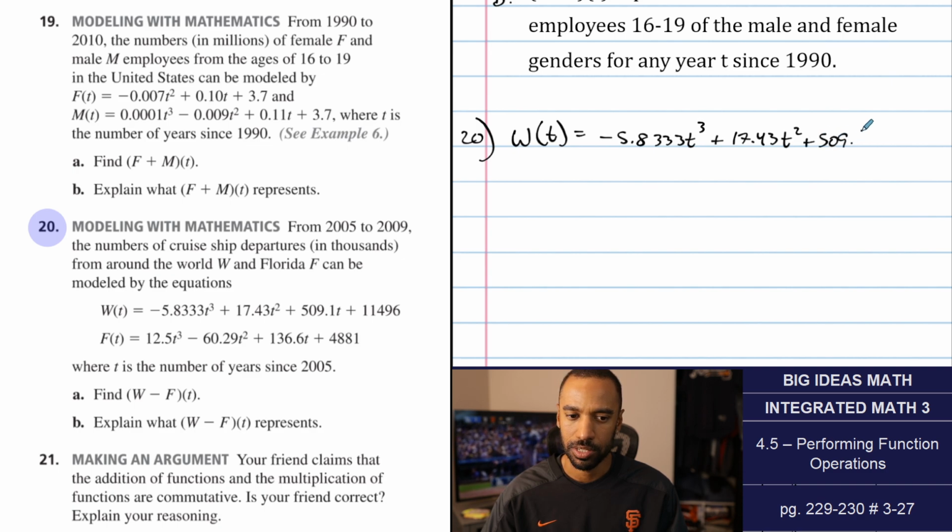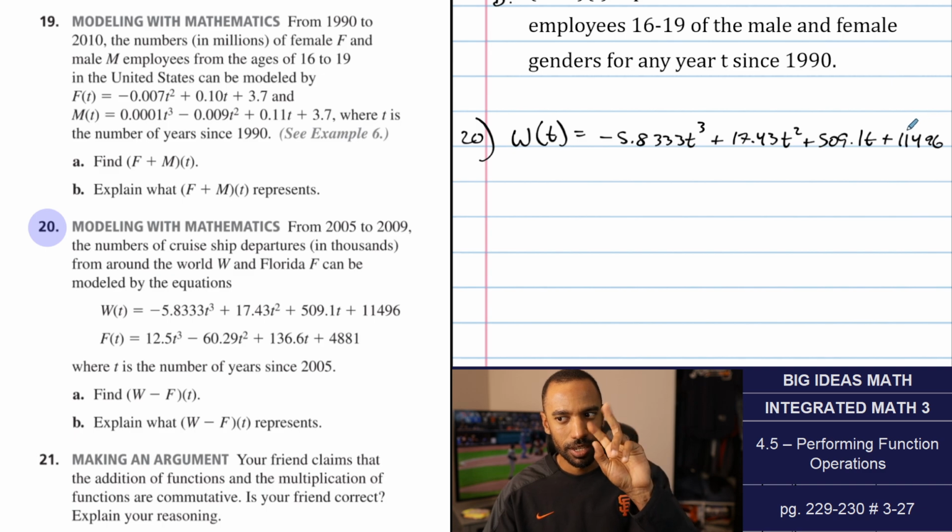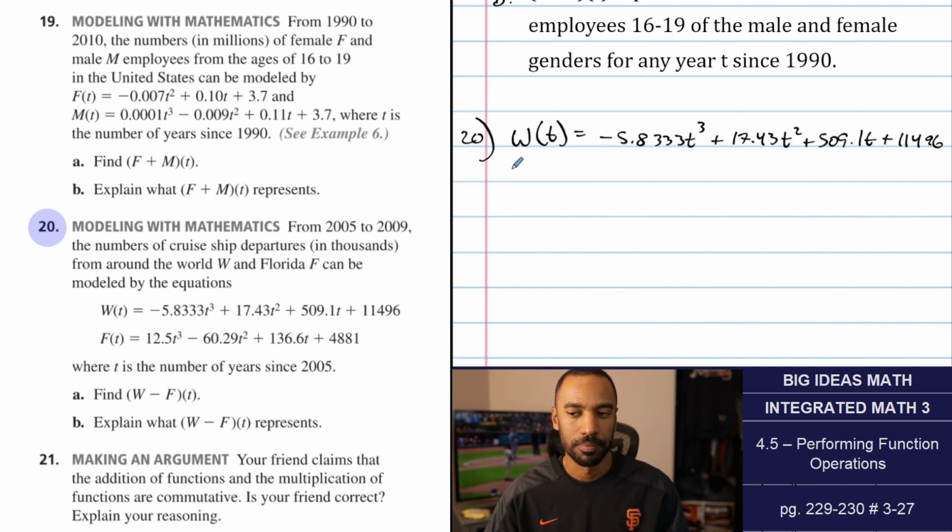I hope I can fit this. That's a lot of departures. This is just the initial in the year 2005, and that's in thousands. So this is like 11.5 million.